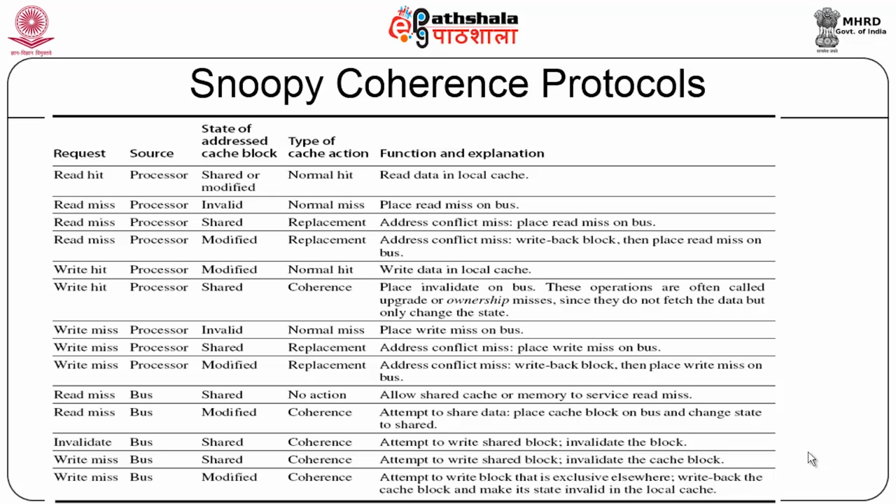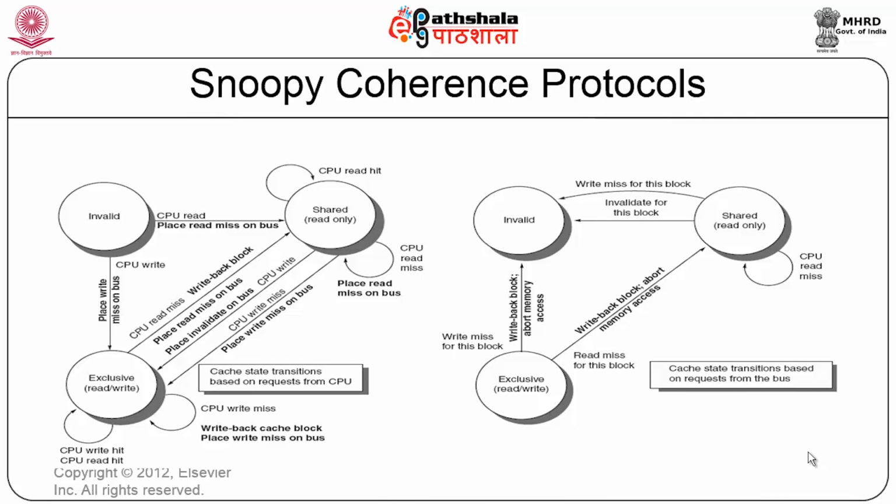So, these are the various activities that happen in your Snoop based coherence protocol, and this is a state diagram showing the same activities here. So, you have your cache controller cache block available in an invalid state or a shared state or an exclusive state. So, depending upon what state the cache block is in the various cache controllers, and depending on the request of the processor, either a read request or write request put in by the processor, it may either be a read hit or a write hit, or it can be a read miss or a write miss.